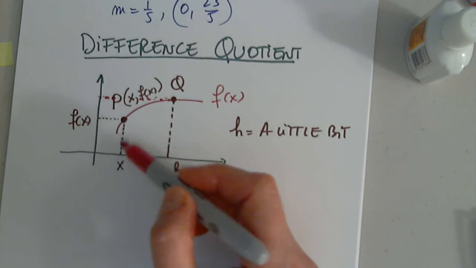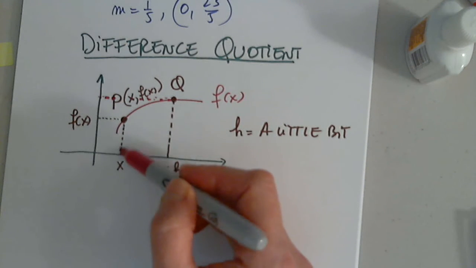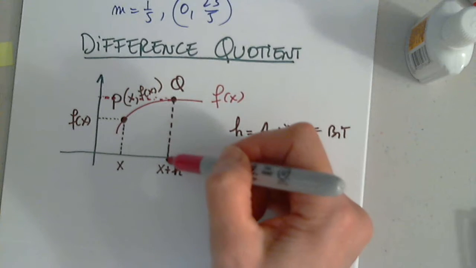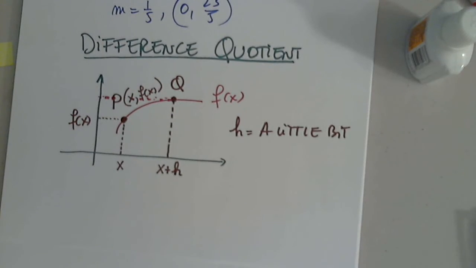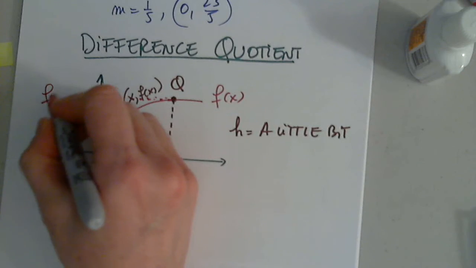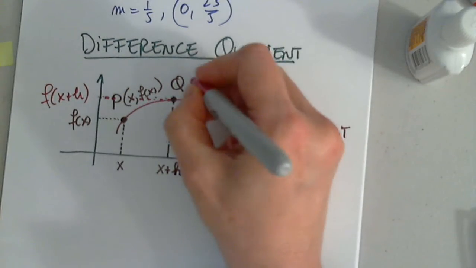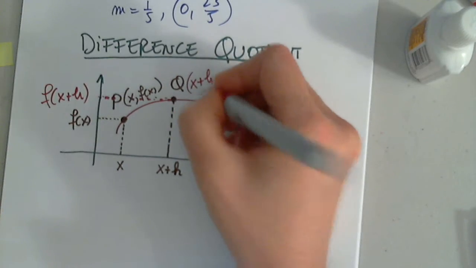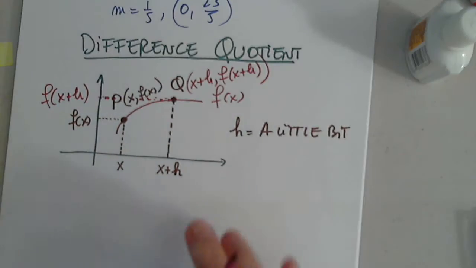But look how we determine the y coordinate for x. How do you think we're going to determine the y coordinate for Q? That would be f of x plus h. f of x plus h, indeed. So then Q has coordinates x plus h, comma, f of x plus h.